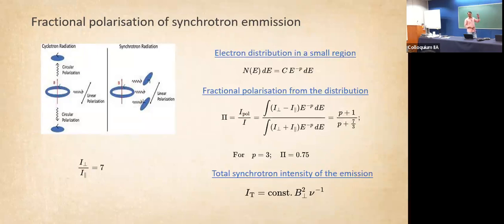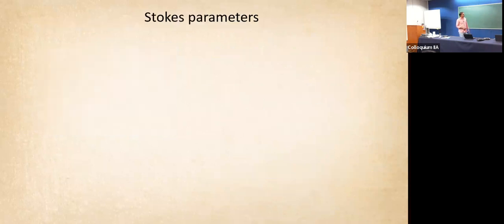It will contribute to the unpolarized part because there are different electrons with different orientations in this medium. So for the bunch of electrons, one can calculate this fractional polarization, which comes out to be 75%. This is the intrinsic degree of polarization for the synchrotron emission.